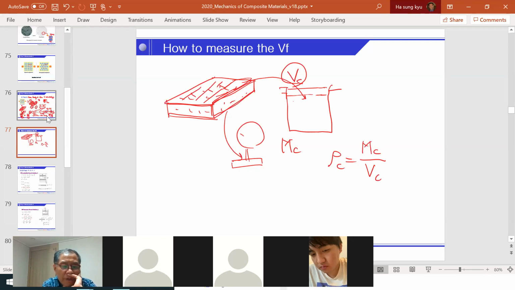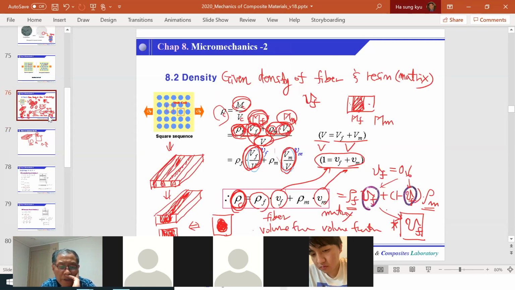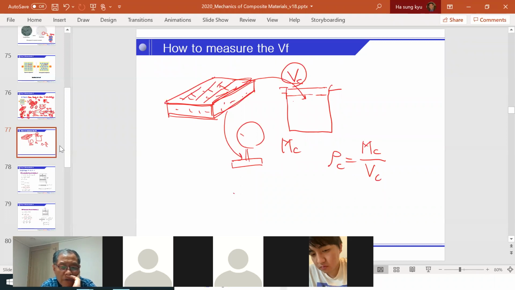And using the previous equations, rho C will be rho_F V_F plus rho_M times (1 minus V_F).